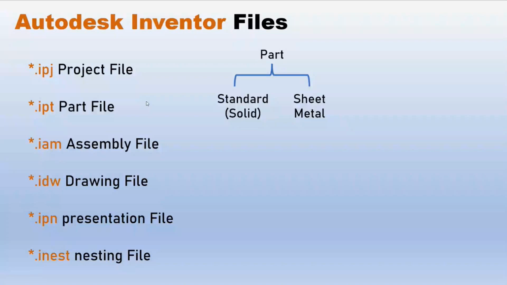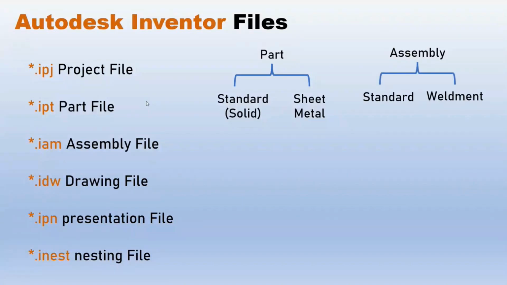Okay. Therefore, for the assembly, you will find the standard assembly and the weldment assembly. The difference between them is that in the weldment assembly, you will find features for welding preparation, like if you would like to make a chamfer, make a fillet, make a hole for welding, and features to describe the weld, like a fillet weld or groove weld.